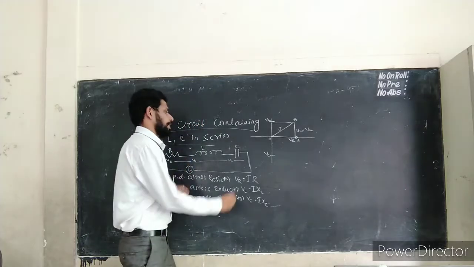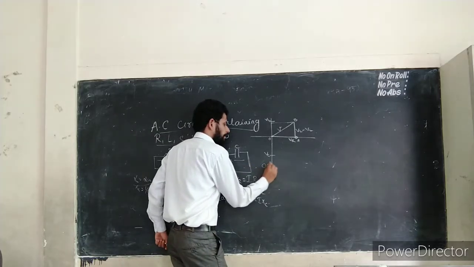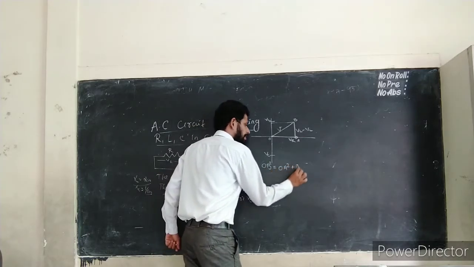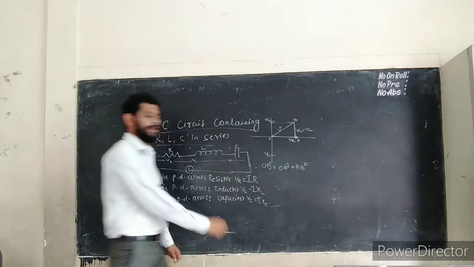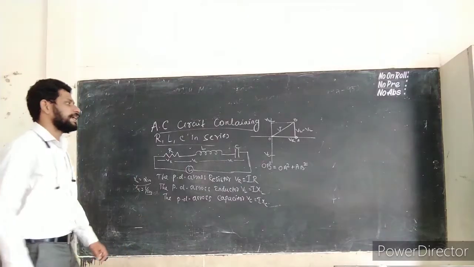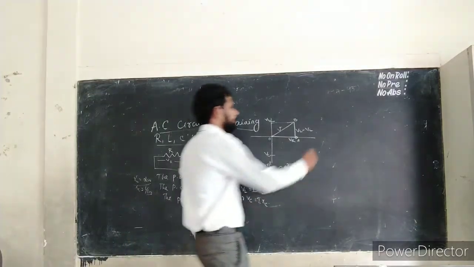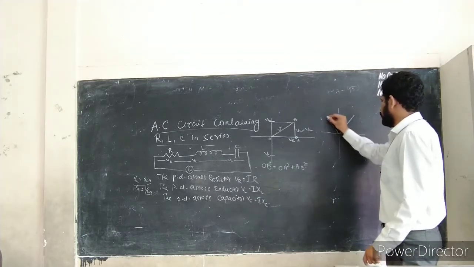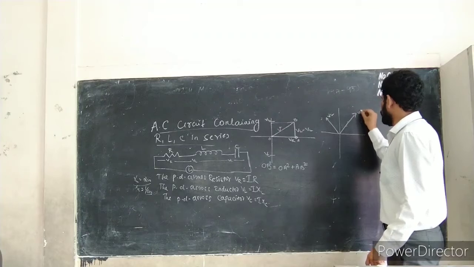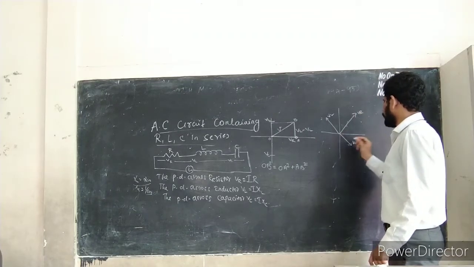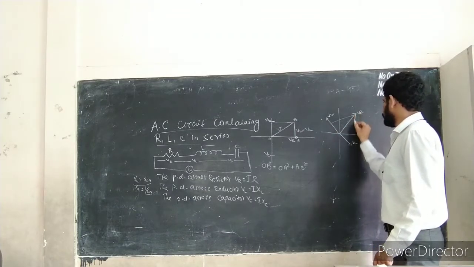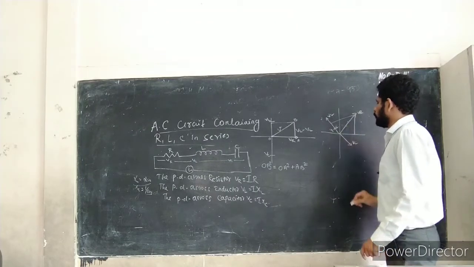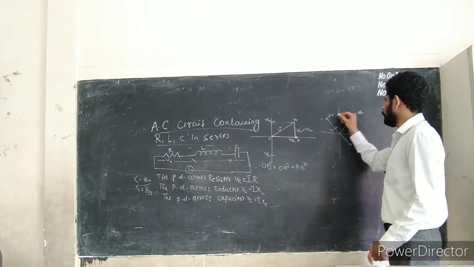Now the total potential OB square will be equal to OA square plus AB square. Along the x-axis we have VR, and along the y-axis VL and VC. So this is VL minus VC.